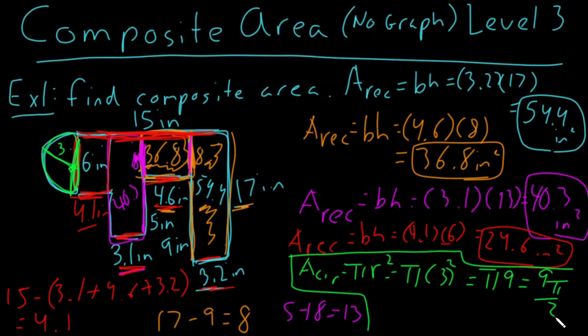And of course, I think we know by now that would give us 4.5 pi. Well, if you want that decimal, all you have to do is 4.5 times pi, and that will give us 14.14. And still inches squared.